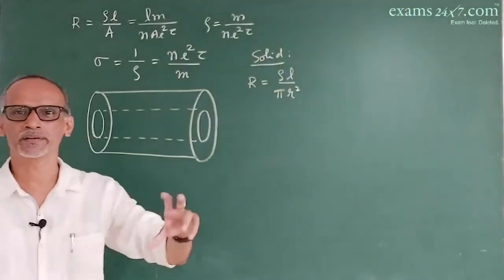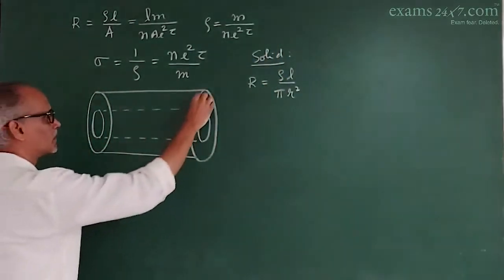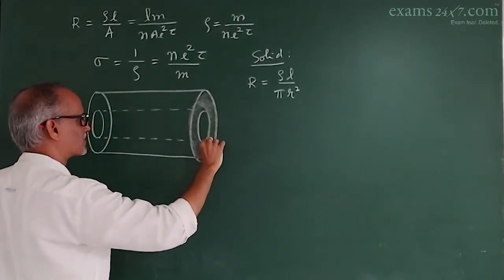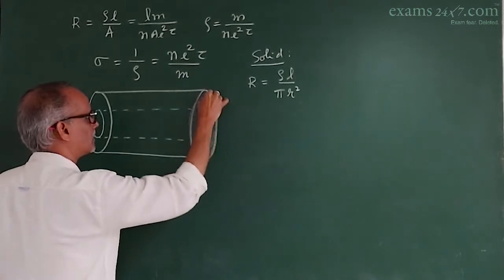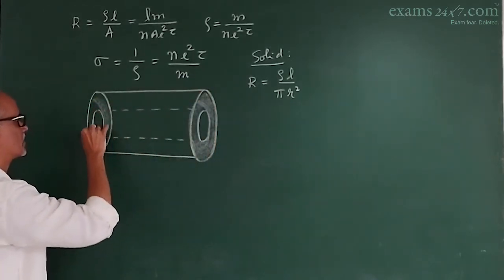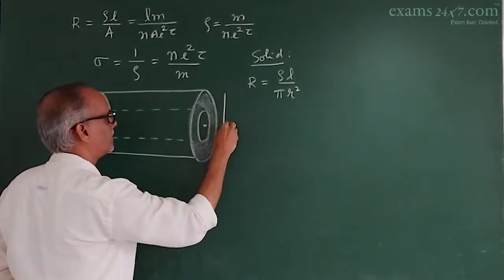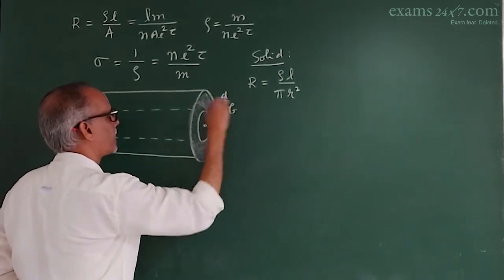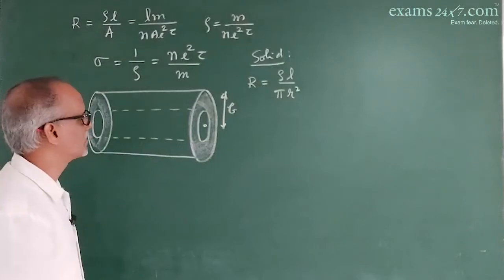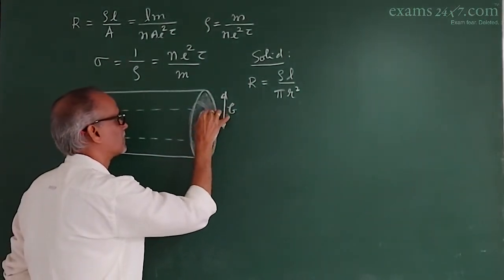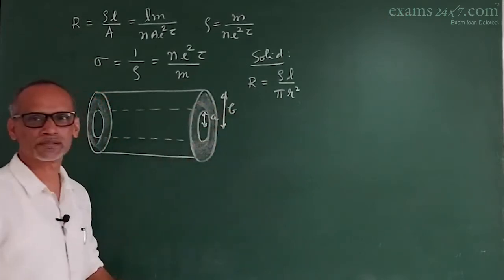That is for a solid cylindrical wire. If it is hollow, then we have to write the expression for the area of cross section of the solid part, for which let B be the outer radius and let A be the inner radius.